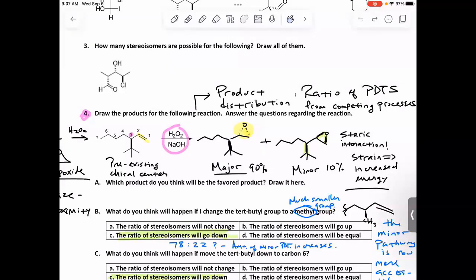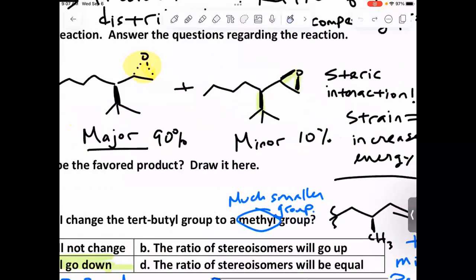When you make the product, one of those products is going to be a little higher in energy than the other one and a little bit less accessible. That's why you see the percentages: 90% for the product where the groups are on opposite sides, because that's the preferred orientation of those groups, and then 10% where the groups are on the same side, because that's the disfavored orientation. That's why you don't get as much.